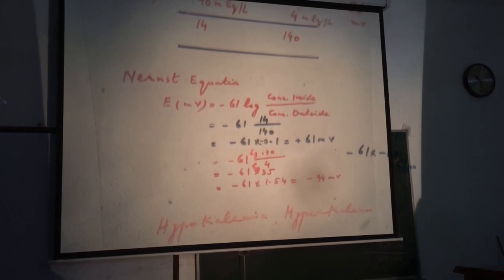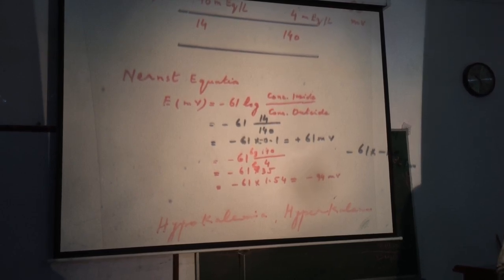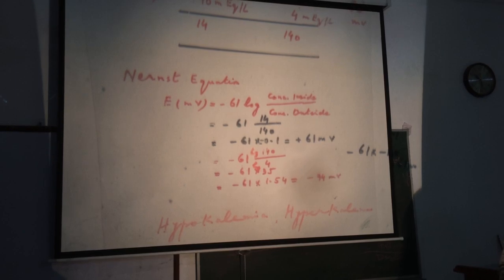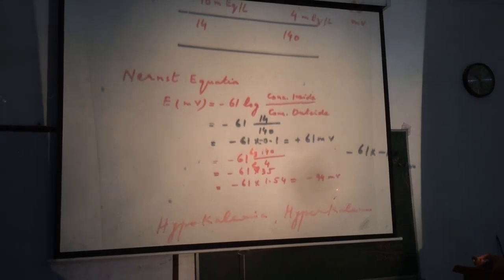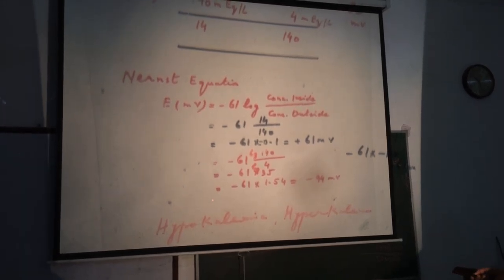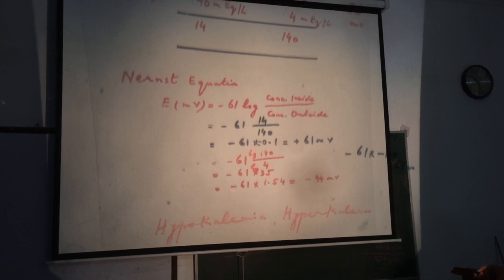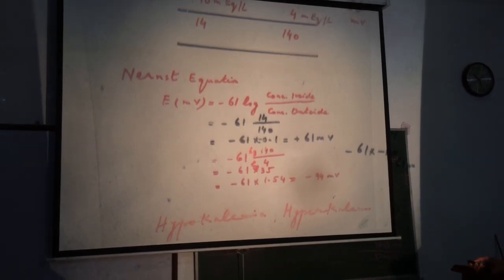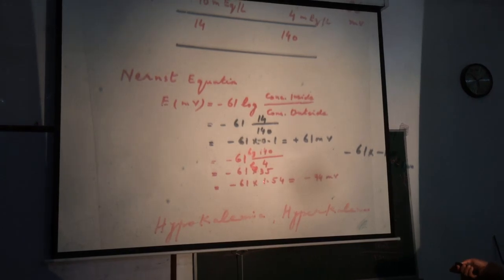And what is the resting membrane potential? Minus 90 millivolts. So this minus 94 millivolt is very near to the minus 90 millivolt resting membrane potential.